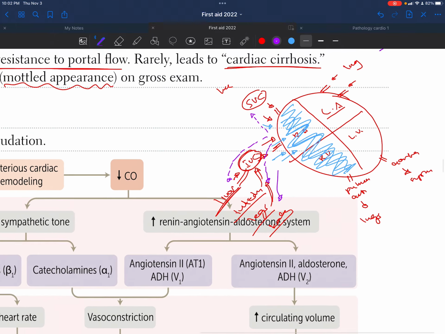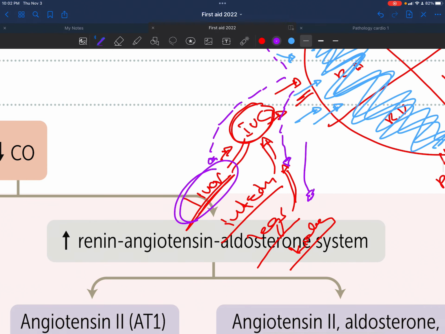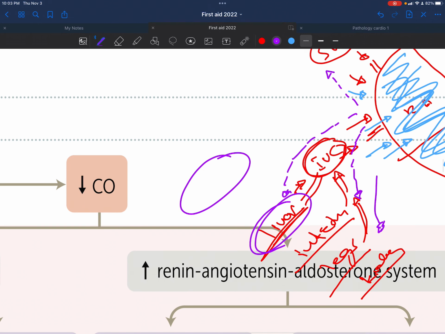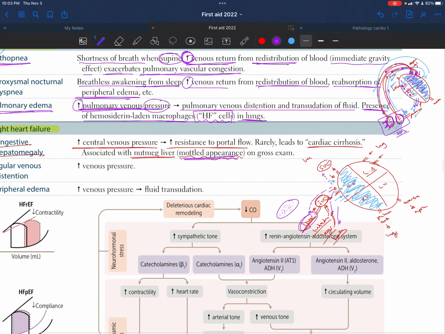Well, that's why we will see sometimes a cirrhotic liver. Cirrhotic heart, no, it's a cirrhotic liver. That's why we sometimes see it. It has a mottled appearance, which means this is the liver, with teeny tiny dots of blood vessels on the surface. That's how we know it's a mottled appearance.